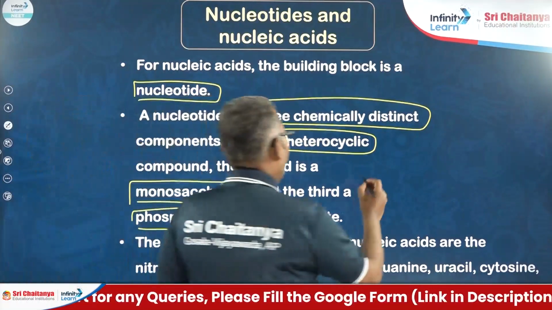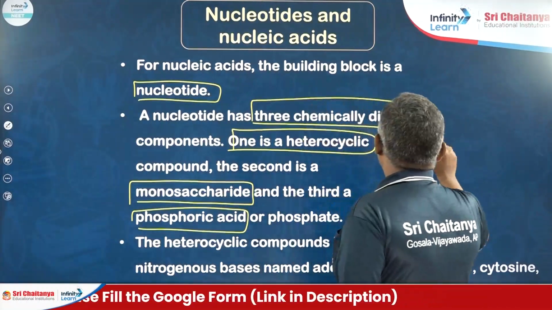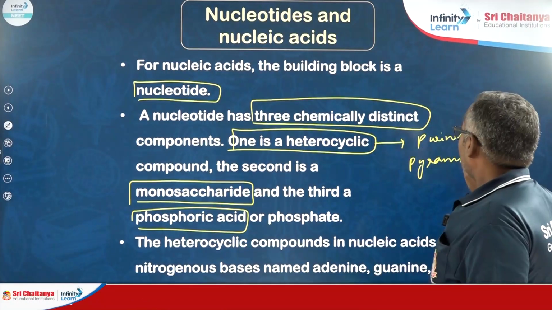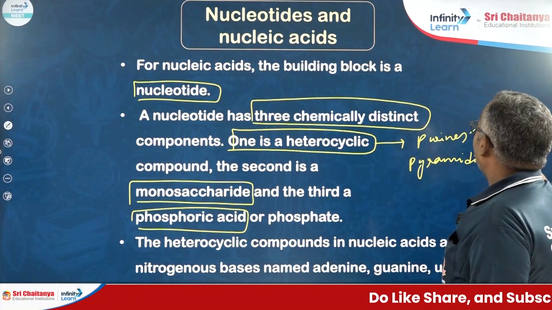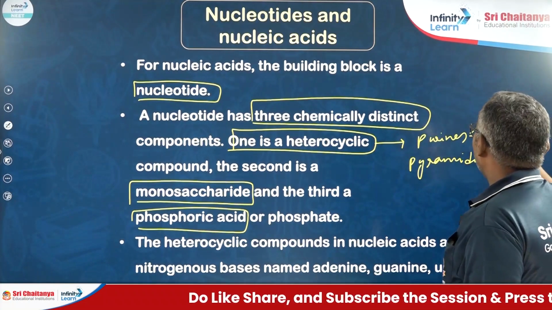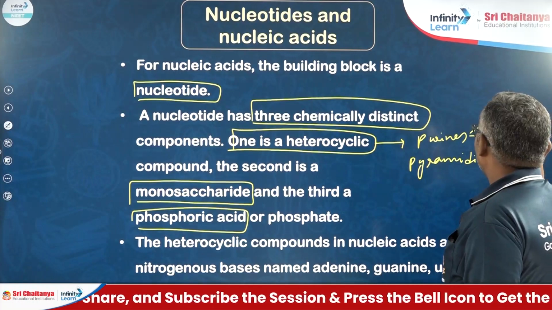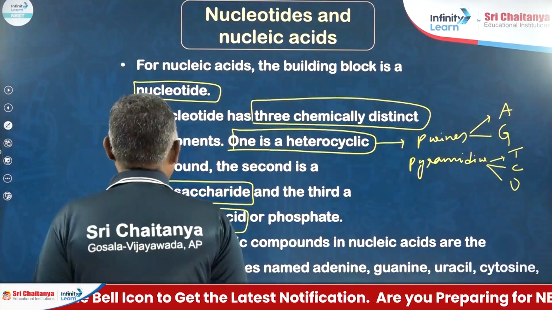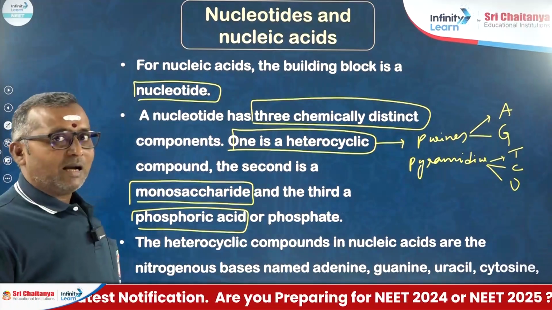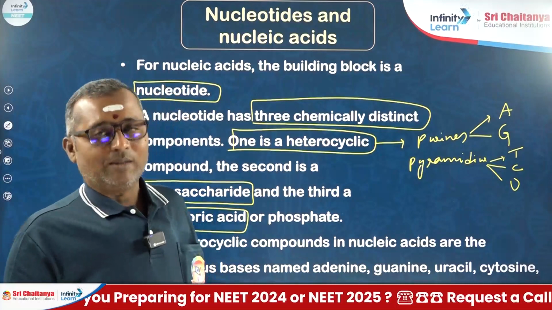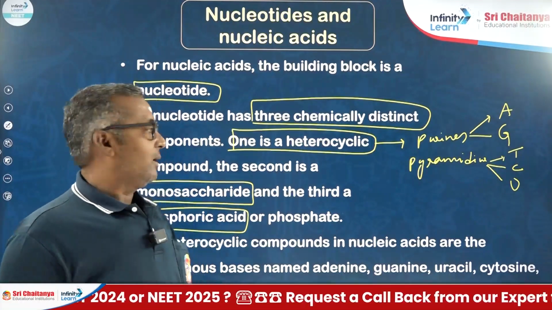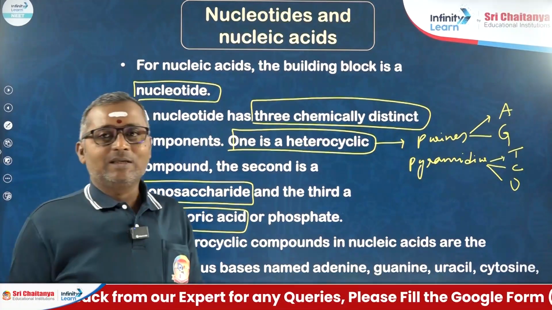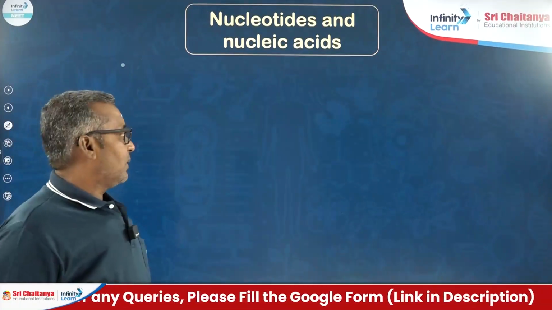The heterocyclic compounds are purines and pyrimidines. Purines are adenine and guanine. Pyrimidines are thymine, cytosine, and uracil. Monosaccharide is nothing but a pentose sugar, like ribose sugar and deoxyribose sugar. And phosphate is also present in nucleotides.